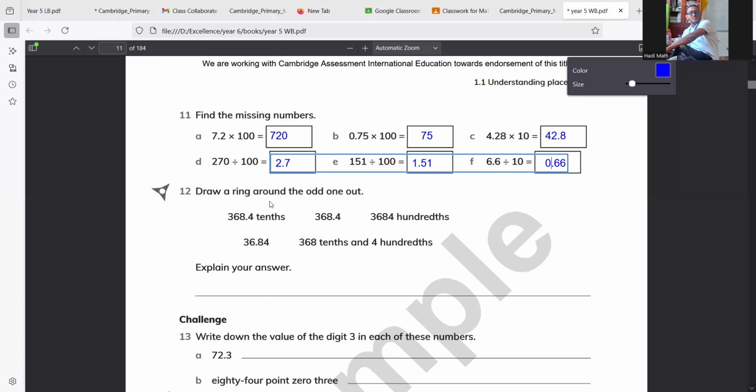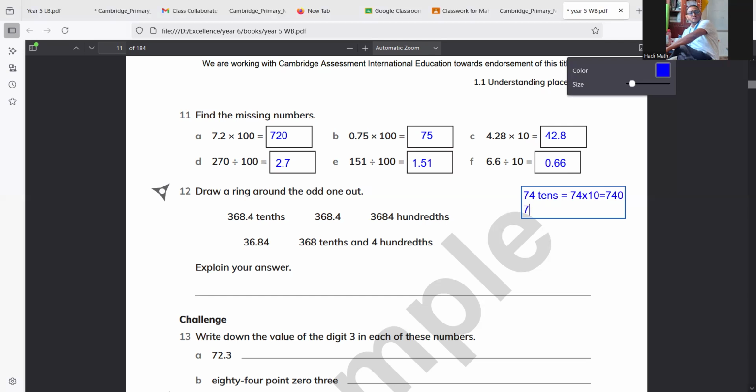Let's go to question number 12. They ask you to draw a ring around the odd one out. Before you do, you need to understand what each one of them equals. Before we do this, I just want you to remember one thing. If you find 74 and we say 10s, this means 74 multiplied by 10, and that's equal to 740.